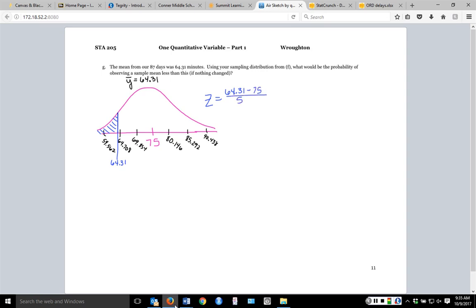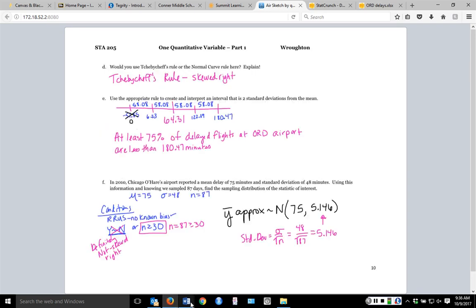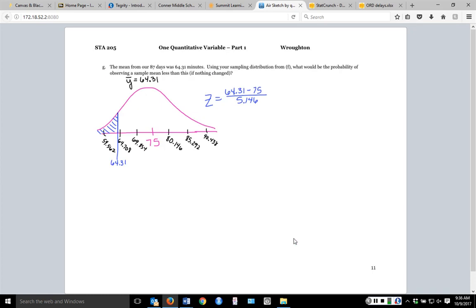And that standard deviation, that sigma over the square root of n I already found was my 5.146. That's exactly what I did here. Getting that number, our z is going to be negative 2.08. Hopefully that z makes sense. We're a little bit more than 2 standard deviations below our value.